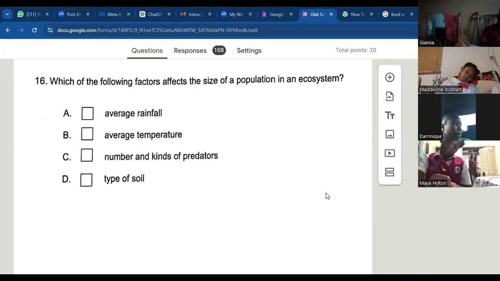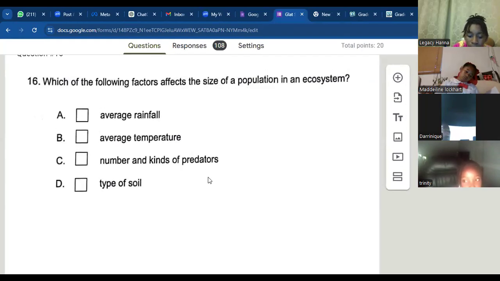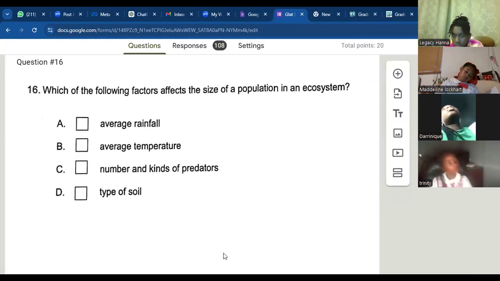All right, Seth, you should be able to see it. Again, what affects the population? The average temperature. C, number and kinds of predators. I agree. The correct answer for this is C.